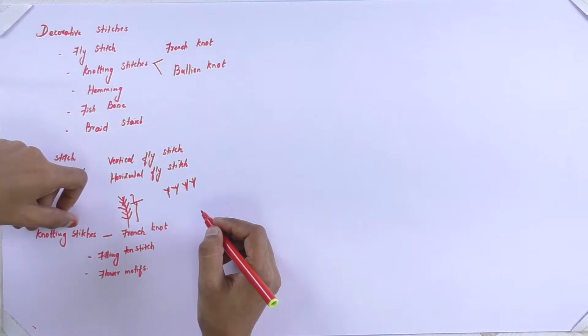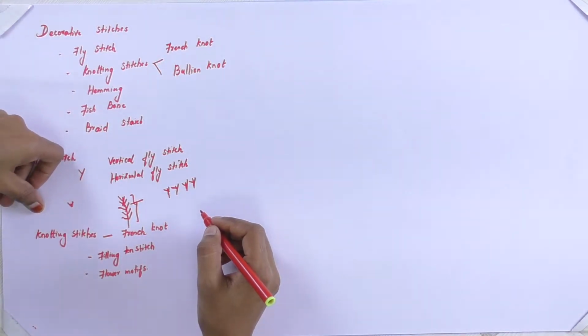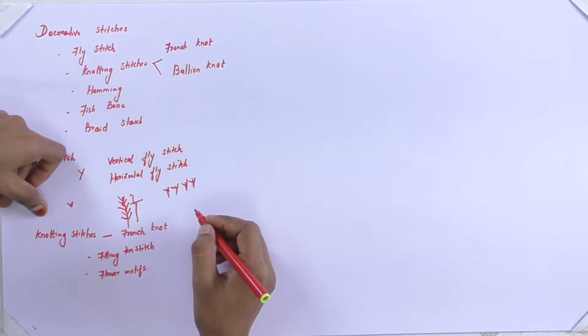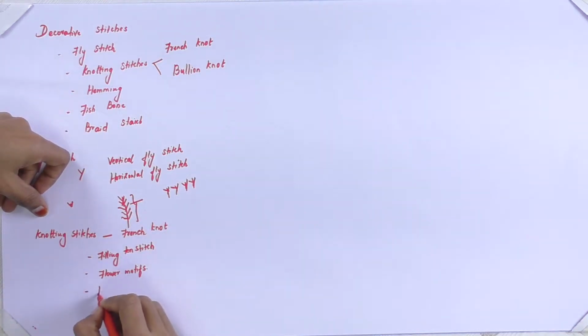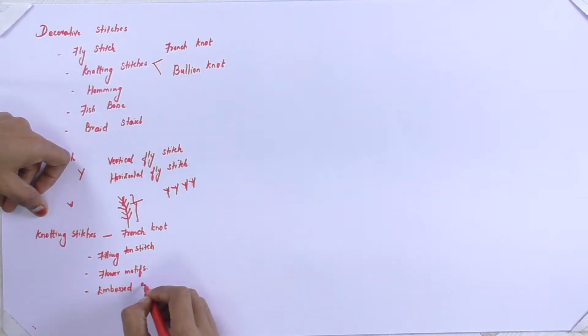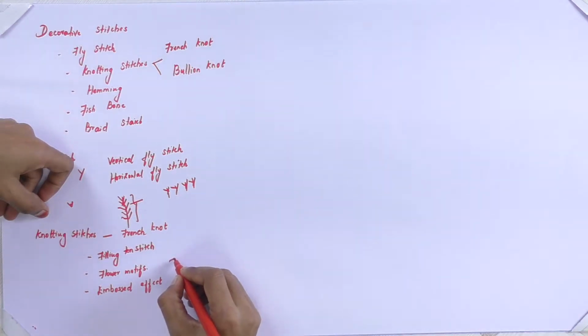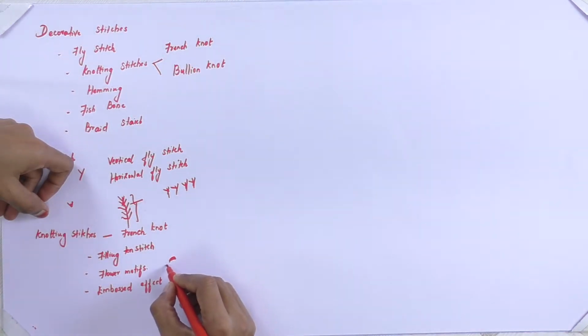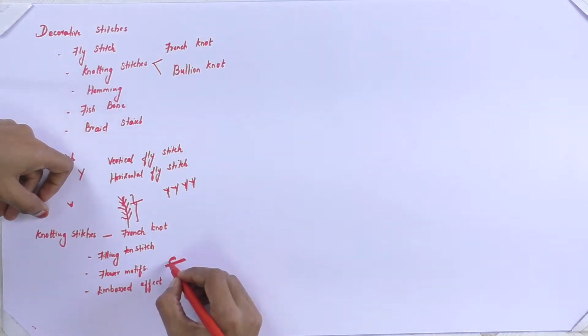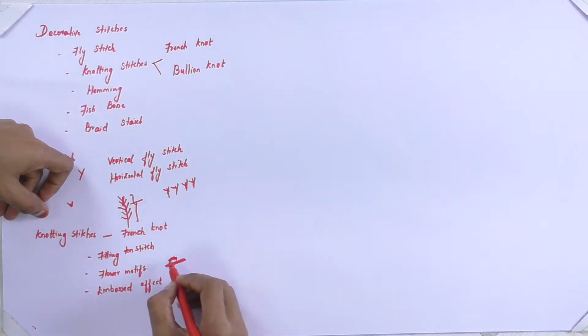One thing you have to be conscious of while doing these French and bullion knots is you can take all the 6 strands together so that the stitches look like an embossed effect. So it should have an embossed look against your fabric. If your fabric is in this manner, your stitch should be in this manner.